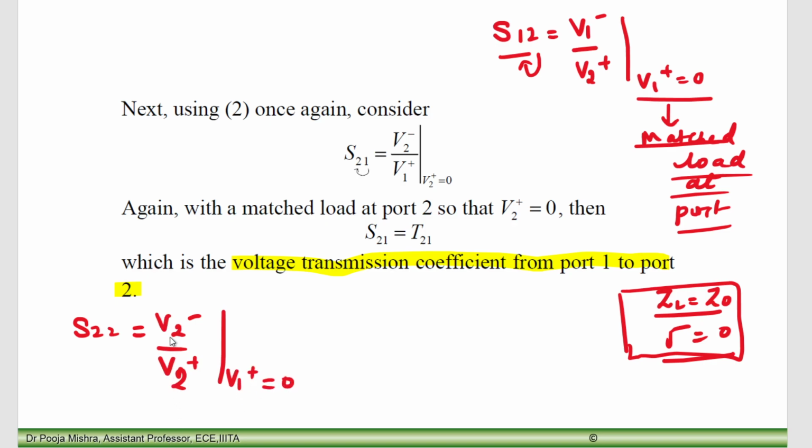This is the output reflection coefficient. S11 was the reflection coefficient at port 1, while S22 is called the reflection coefficient at port 2 when port 1 is matched.